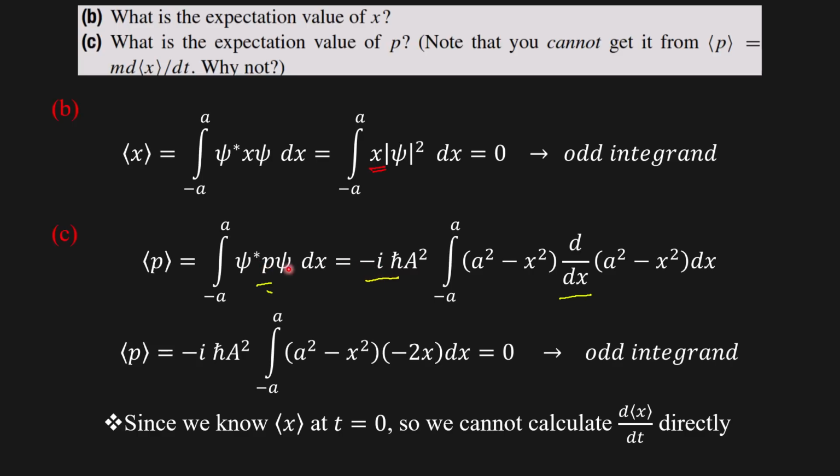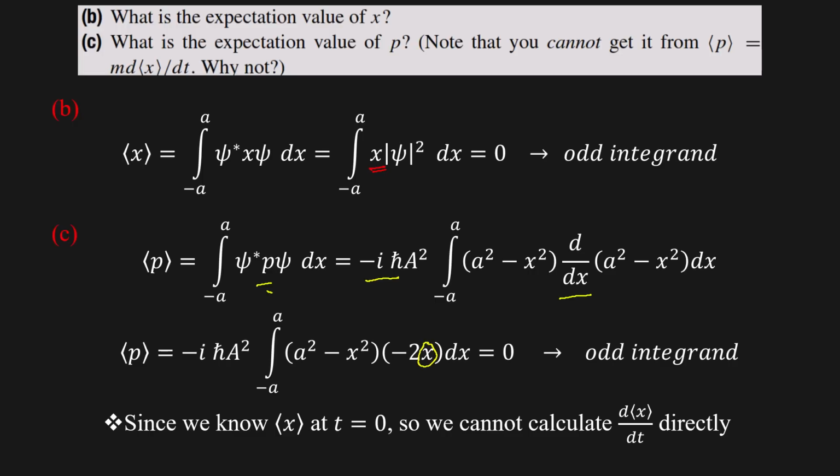Here ψ*ψ gives A squared, that is the square of the normalization constant, and integral between minus a to plus a of (a squared minus x squared) times the first order position derivative of the wave function (a squared minus x squared). If you differentiate this once, the constant differentiated with respect to x is 0, so you will get simply minus 2x. Here you can see x also, again this is an odd integrand.